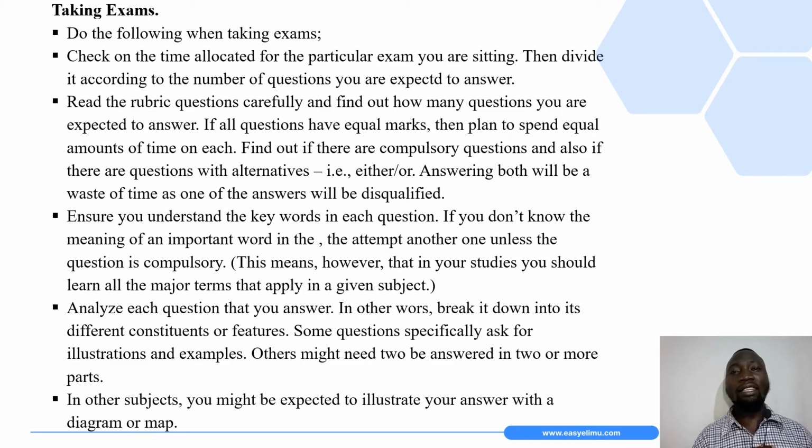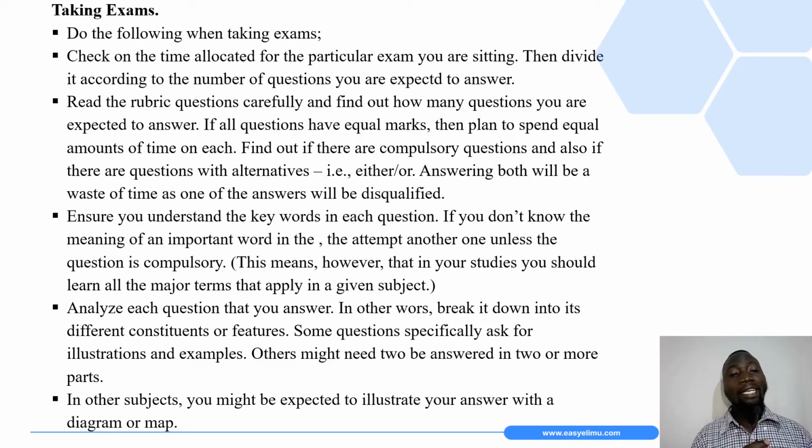Other subjects, chemistry for example, again 2.5. There are those that take 1 hour, we have those that take 1.5, and we have other papers that take 2 hours. So ensure that you check on the time allocated for the particular exam you are sitting. Then divide it according to the number of questions you are expected to answer.